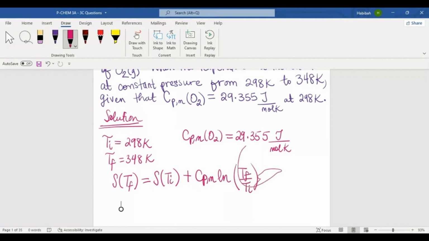So this is basically how you work a problem like this. I apologize for the scribble. This is basically the equation.